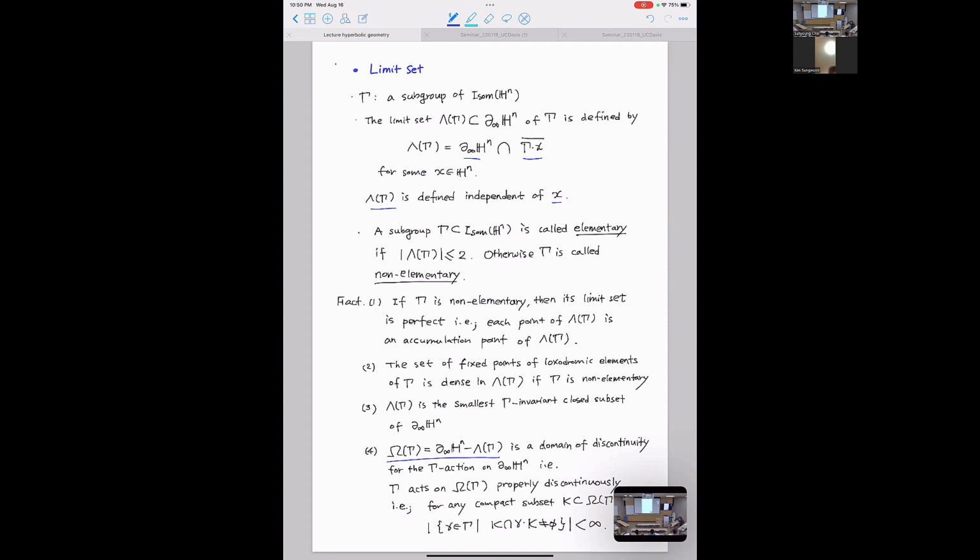So gamma has two domains on which it acts properly discontinuously, so we analyze two actions.